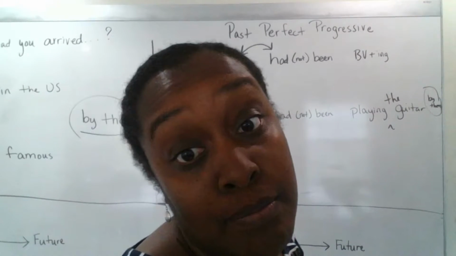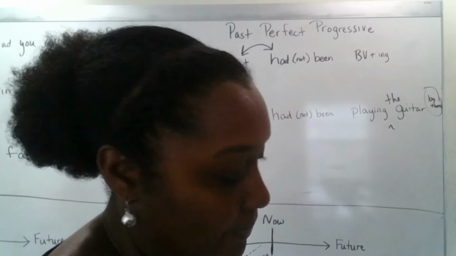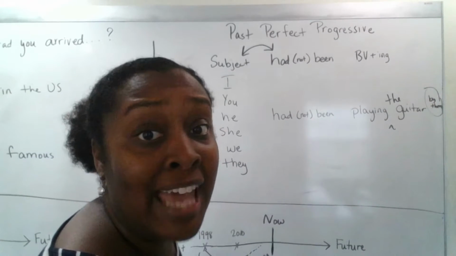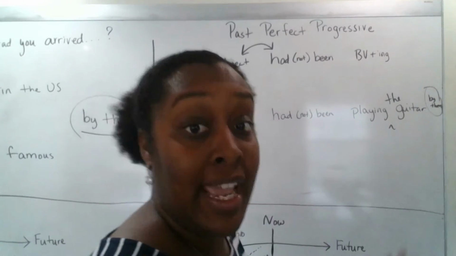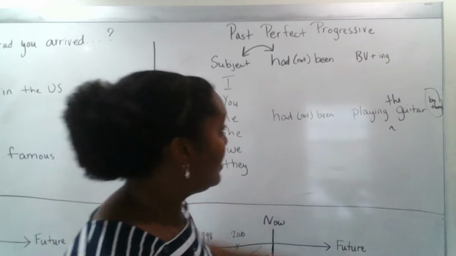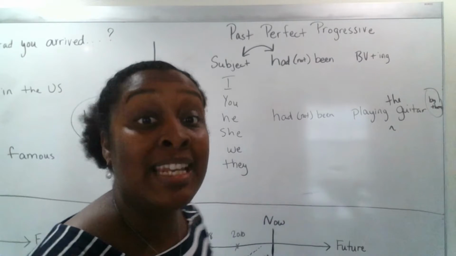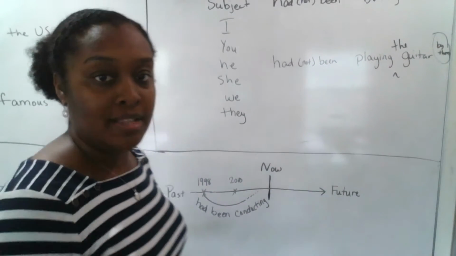Yes, I had been playing the guitar. No, I hadn't. You can just say, yes, I had. No, I hadn't. We'd put a WH question: when had you been playing the guitar, for example? We'd change it to WH if it was necessary. So it's the same exact construction as the past perfect, but it means something different. Let's look at the timeline so I can show you what it means.